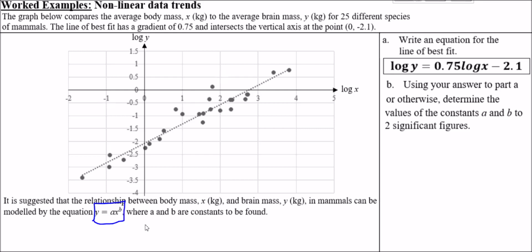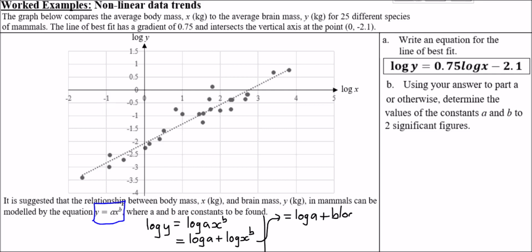We'd have log y equals log of ax to the b. That can now be separated out using the multiplication law of logs. So that's the same as log a plus log of x to the b, which is the same as log a, and then the b can be brought to the front and multiplied with log x. So we have b log x.